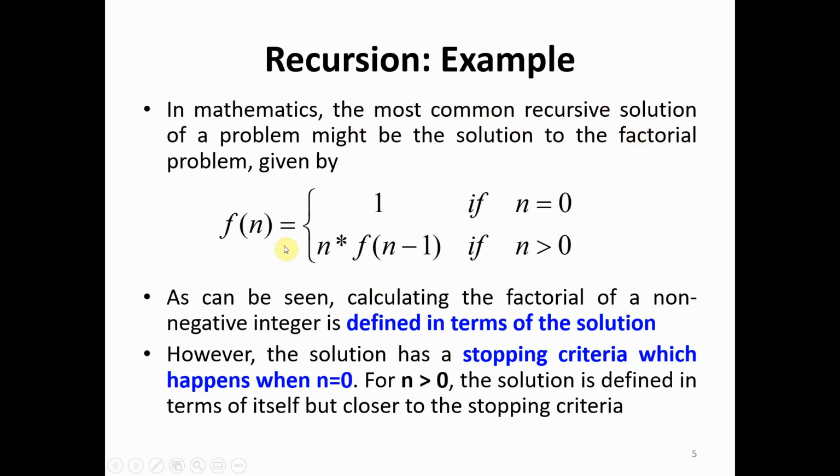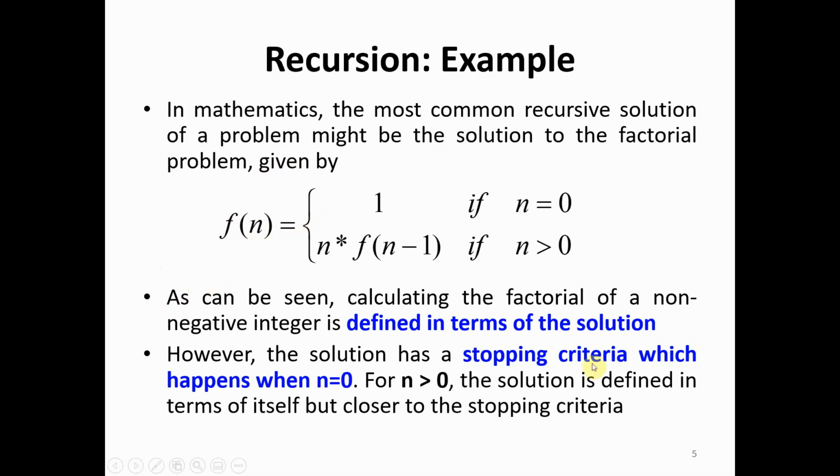So then f of n is f of n minus 1 multiplied by n, right? You can think of 4 factorial, for example, as 4 times 3 factorial. And then 3 factorial would be 3 times 2 factorial. 2 factorial would be 2 times 1 factorial. 1 factorial is 1 times 0 factorial.